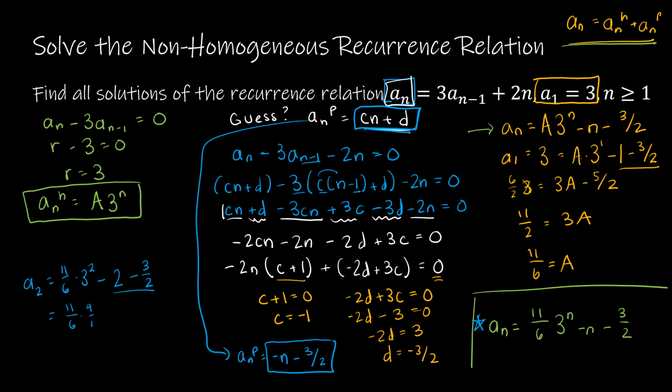I'm going to go ahead and combine these two together. So this is 4/2 minus 3/2, which is 7/2. Over here, the 9 and the 6 would reduce, so that's going to give me 2 here and 3 here. So this is 33 halves minus 7 halves, which is 26 halves, or 13. And if you'll recall, 13 was a sub 2.